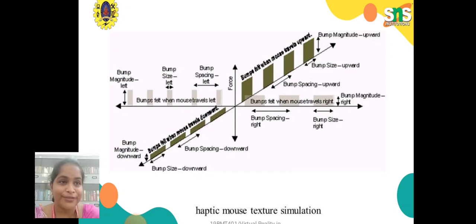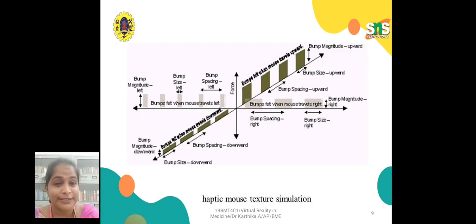The same for upward: bump size upward and bump spacing upward. Also we have bump magnitude at the downward and bump magnitude at the upward. With the help of these bump magnitudes at both sides as well as upward and downward, we get a full haptic mouse texture simulation in the virtual reality environment.